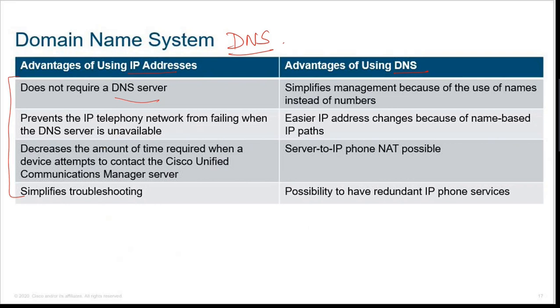If you have a requirement for a DNS server, you have a DNS server to make all the requests, and if the DNS server fails, it affects the IP telephony network. Whereas with IP addresses, if you do not have a DNS server, it will not affect the telephony network. It decreases the amount of time required when a device attempts to contact the CUCM server.